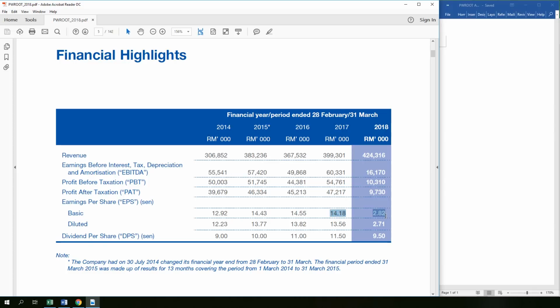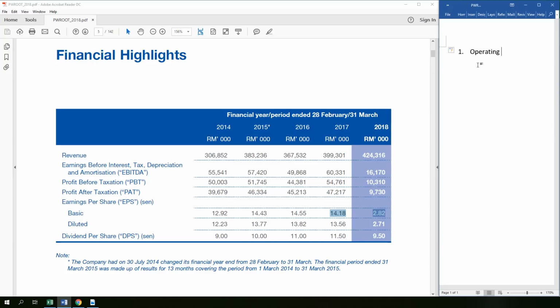This table already gave us a couple of things to investigate. We want to find out the reason for the significant decrease of operating profit while Power Root maintained their top line. Few key items could contribute to this. It could be cost of goods sold and operating expenses. So let's take a note here.